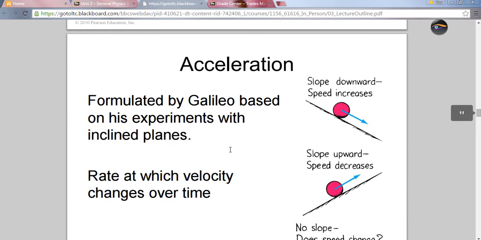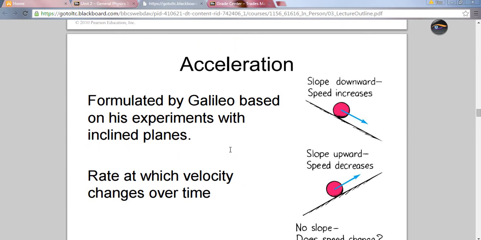Now, acceleration was experienced and formulated by Galileo based on his experiments with inclined planes. He saw that the rate of velocity would change as he observed balls rolling up and down inclined planes. It might not seem like a big deal that as we roll down an incline we gain speed, or when we go up an incline we lose speed.